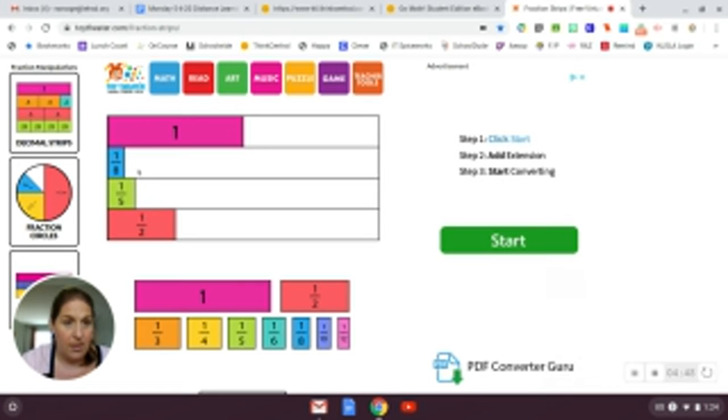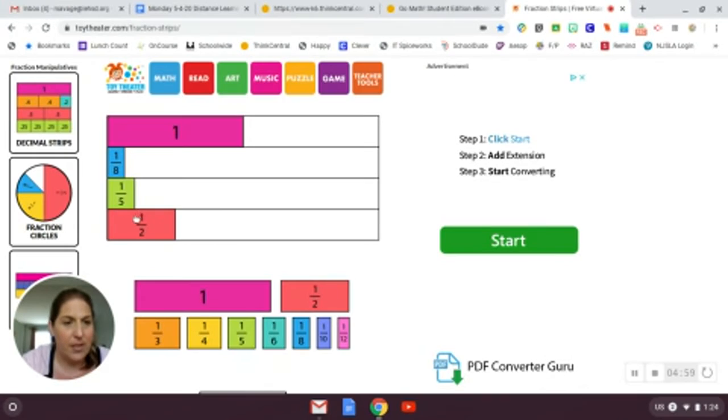And I think 1/8 is the smallest fractional part there. Okay. And I'm going to say that 1/2 is probably the largest fractional part. And 1/5 is somewhere in the middle. Now, I want you to look at these denominators. This is important. What do you notice about the denominator when you're comparing fractions?